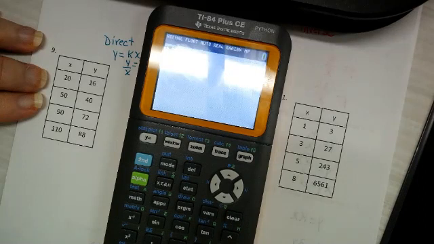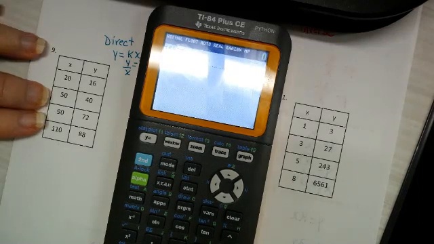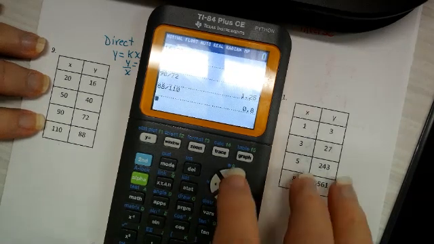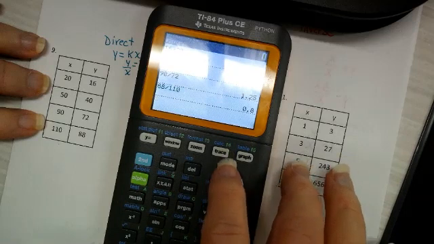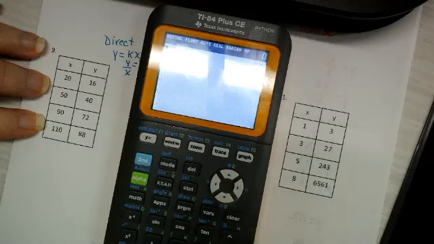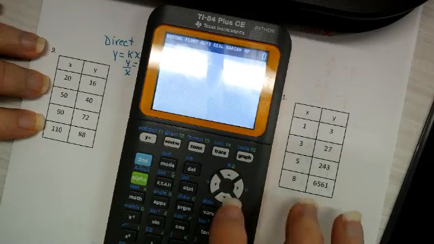Let's see, 16 divided by 20. Let's try 40 divided by 50. Do you see a pattern? I did something wrong. This was supposed to say 72 divided by 90.